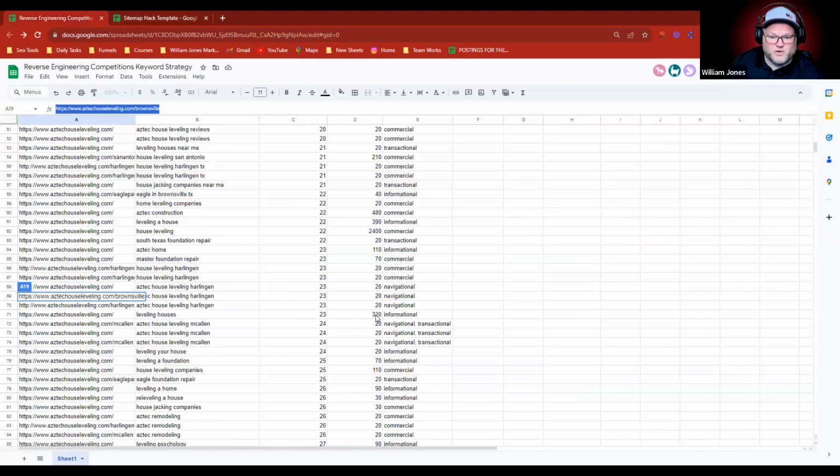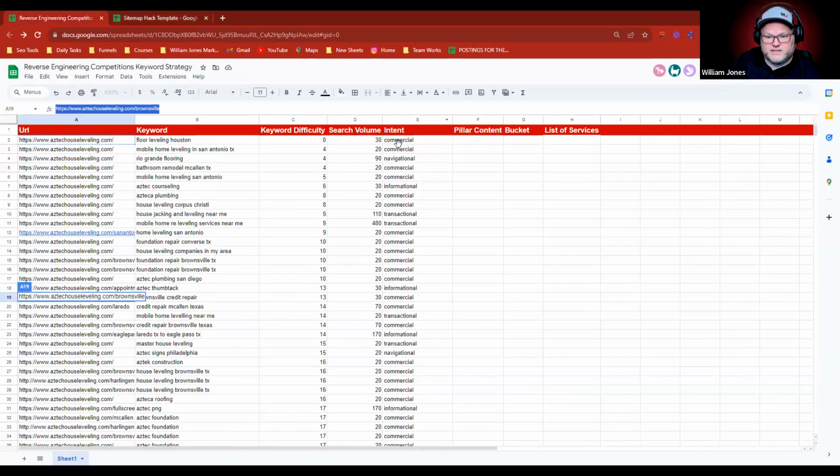This is for the structure. What's the intent? What's the pillar content? Pillar content, I'll give you for example: on that one, residential fencing. On the other page, commercial fencing. Fence installation. And then you organize all of these according to where it's going to go as far as pillar content.